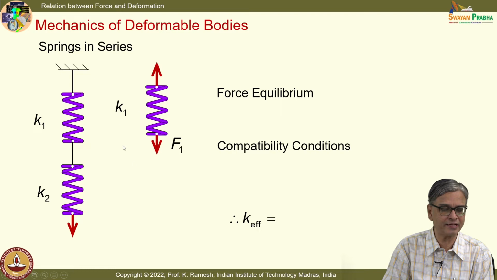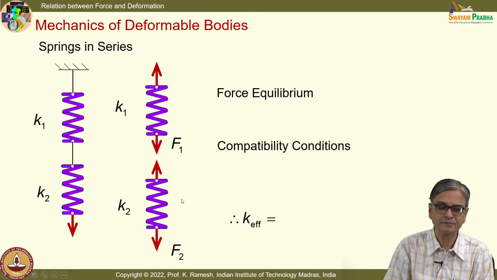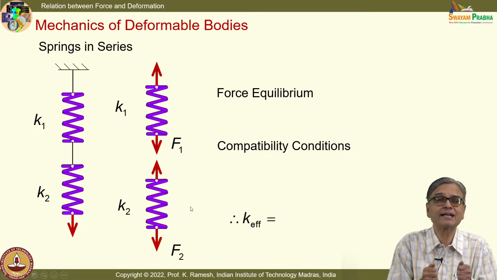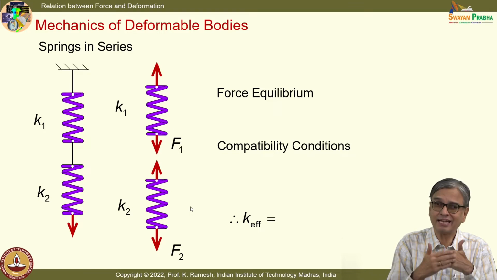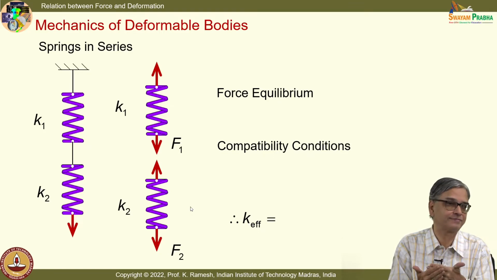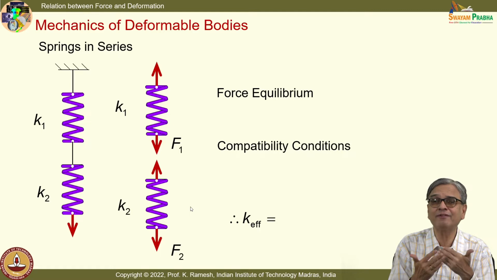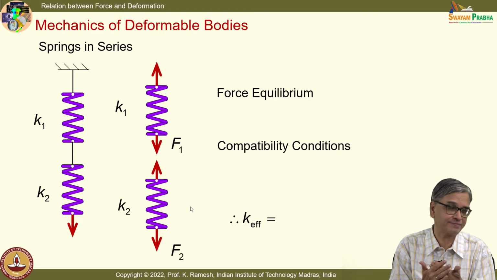I have a spring 1 pulled by force F1 and spring 2 pulled by force F2. Because they are connected in series, it transmits the same force, okay, but each one will have different displacements.